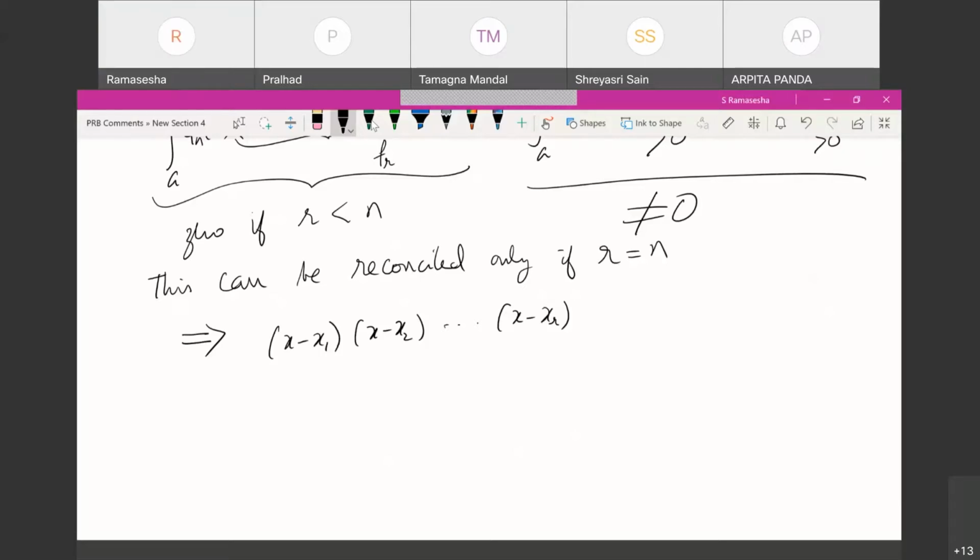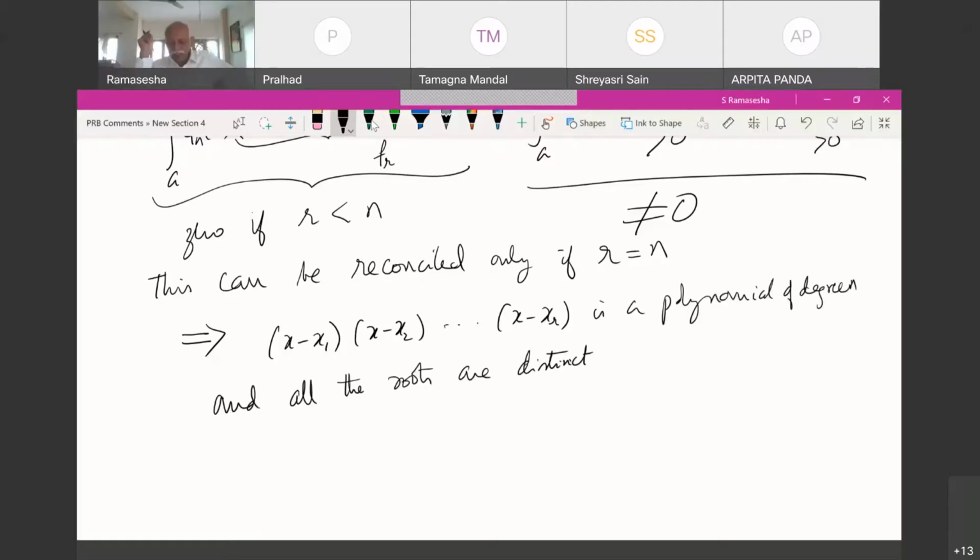And if you had any root which was repeating, then you can again go back and show that there's a contradiction. Okay, all the roots are distinct and lie in a comma b, hence real.